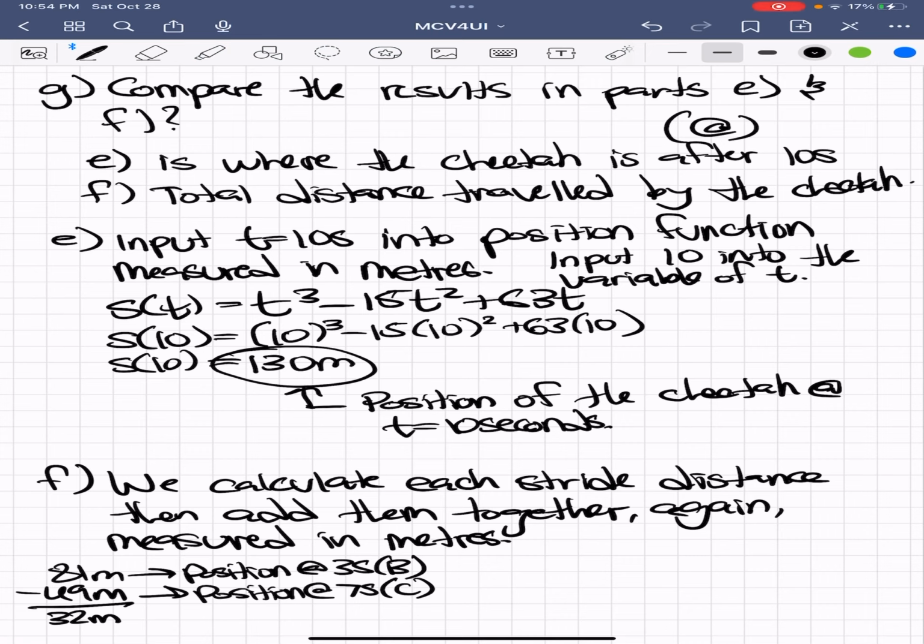And that's the second stride distance between B and C.